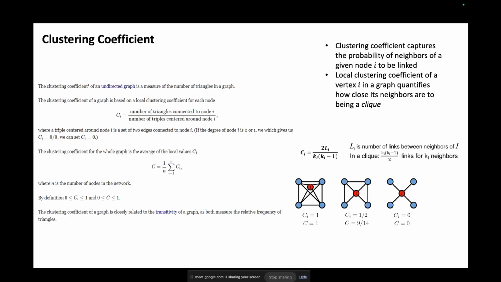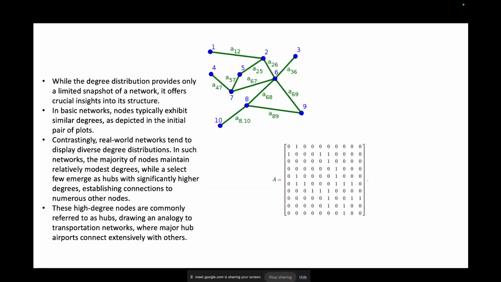So the clustering coefficient gives you an idea about how densely connected a particular area is. One thing again, we do not always calculate the clustering coefficient on the whole graph. In most cases, we want to find the clustering coefficient on particular parts of the graph. If you remember, we were talking about hubs, which are basically high degree nodes inside a network, which are few in number.